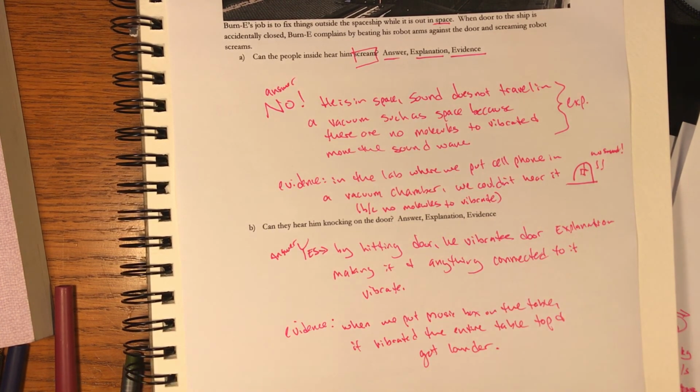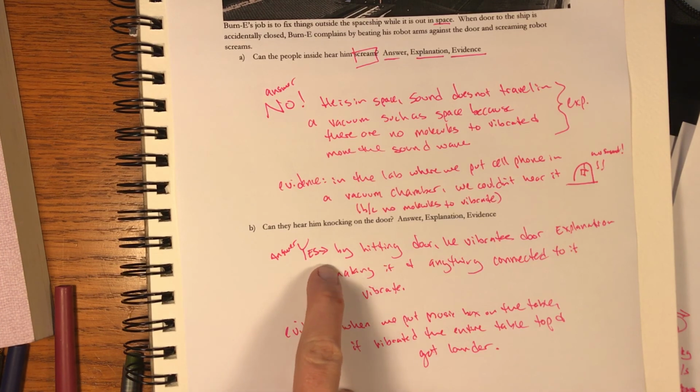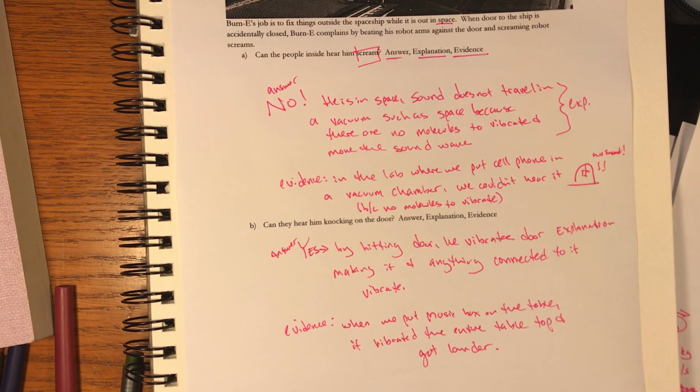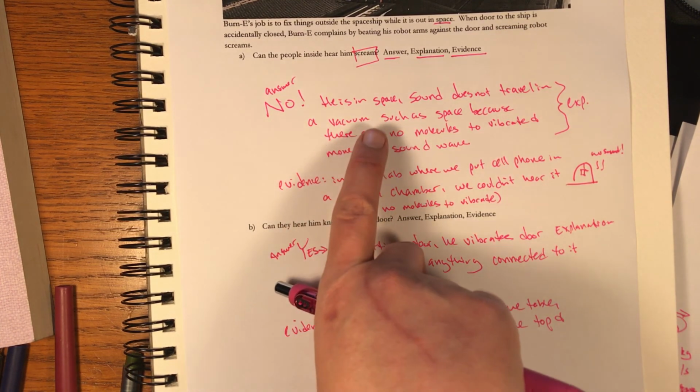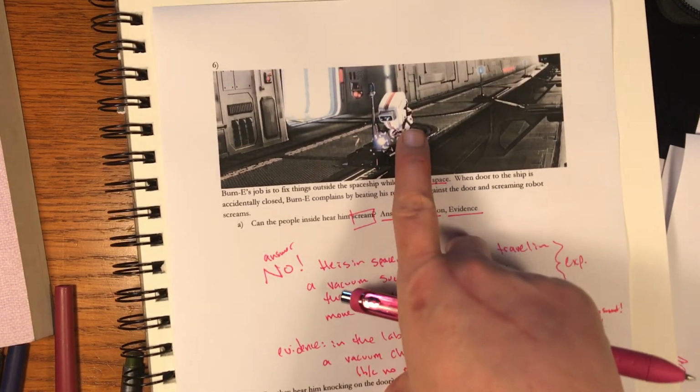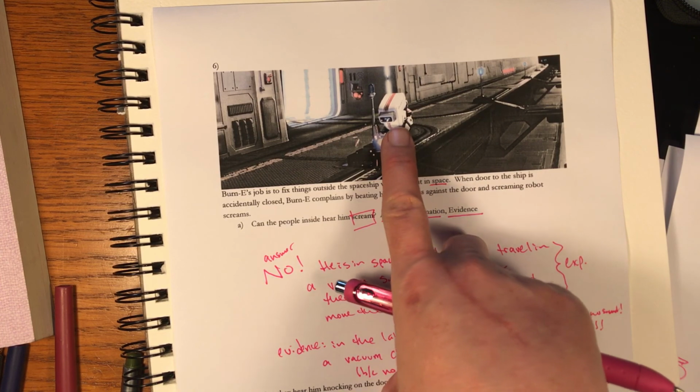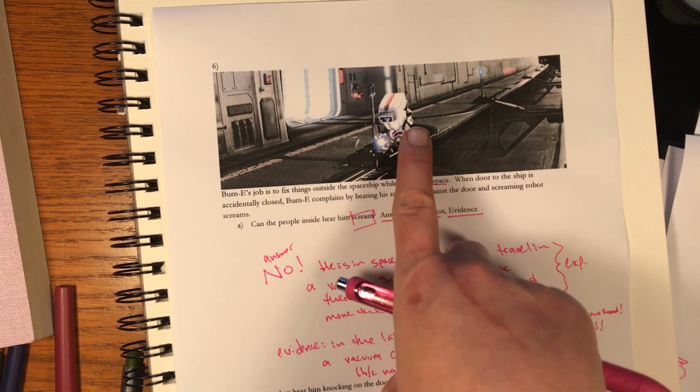That's because of the natural frequency. But really what we care about is the fact that it made the entire table vibrate, and so then you could hear it. So by having something to vibrate, when he hits that door, you could hear it. But by screaming in space, when the air left his face, or whatever little robot apparatus makes sound, it didn't have anything to vibrate, and so then it couldn't propagate that sound.